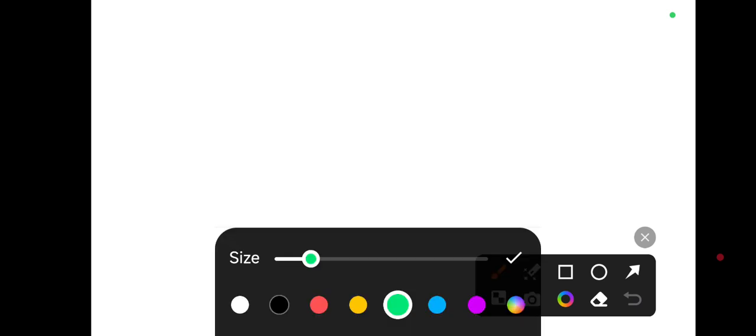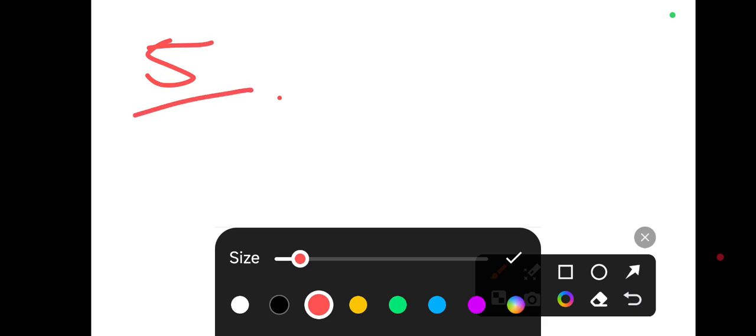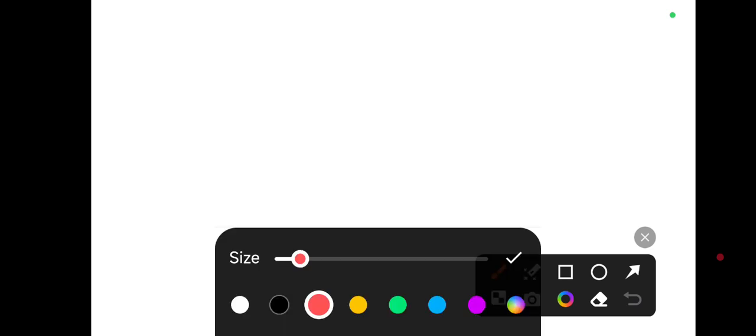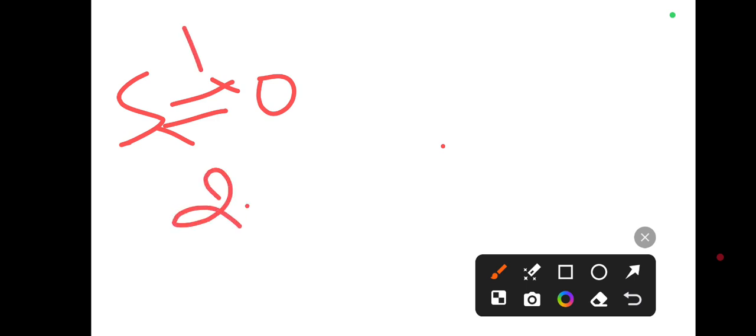The first rule is that the subject becomes object and object becomes subject. This is the first rule. Second rule is helping verb.